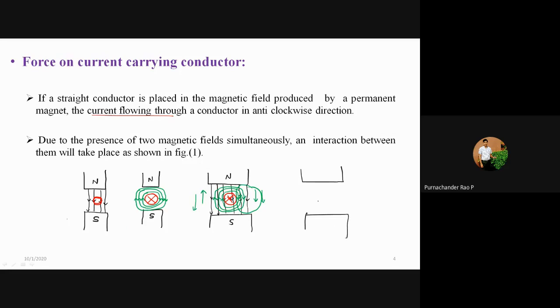To the conductor here, I will consider this as a conductor. Okay, so here this is a conductor what I am considering. This is carrying the current, and therefore what is the net flux? I can show it by the lines. So the net flux will be like this.